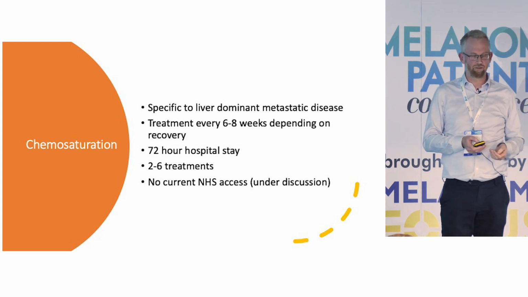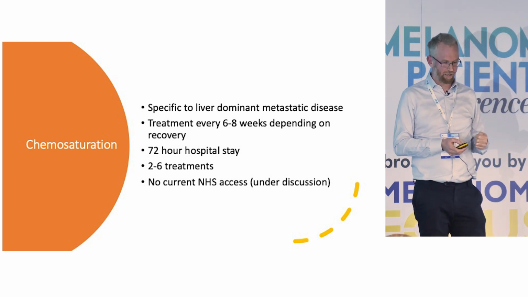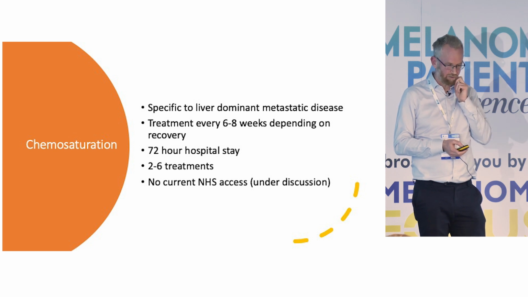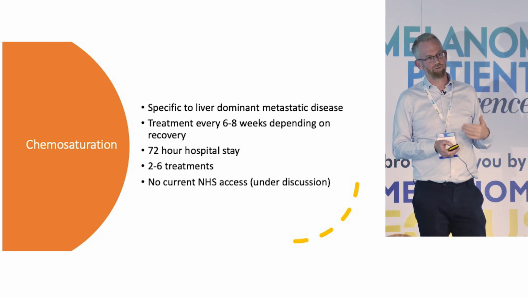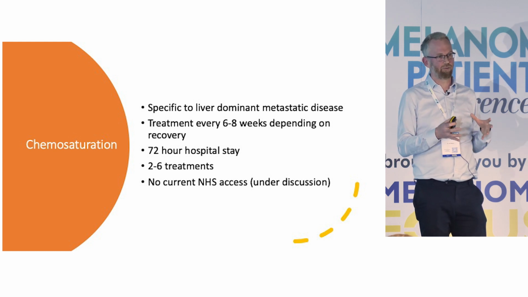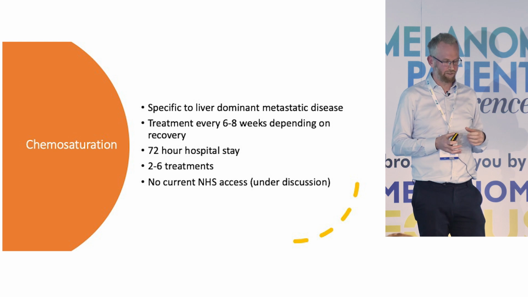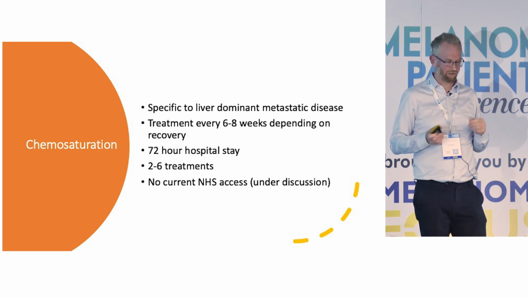But it is definitely feasible in the NHS, and we've done it as well previously. So it's really specific to patients who've got liver-only or liver-dominant disease, because it's not really treating the rest of the cancer.